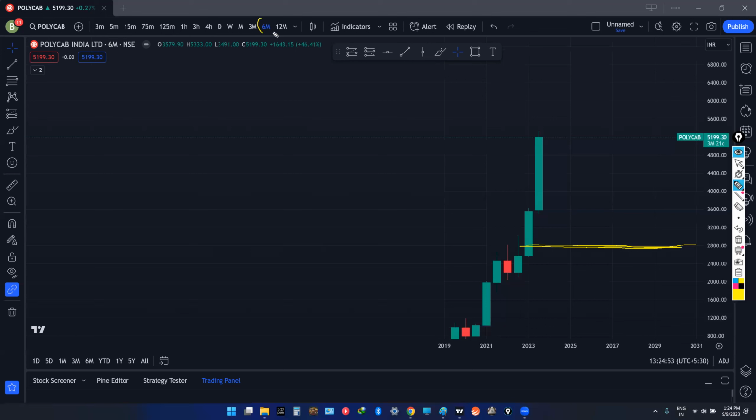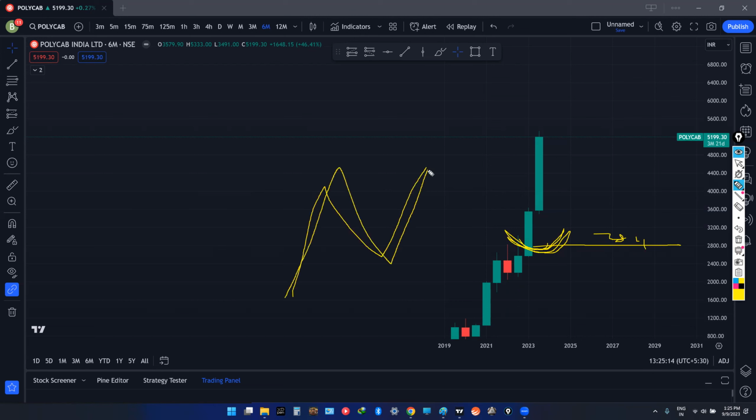No, see, in half yearly, if I go, where is this pattern? I can see this is the pattern. So stop loss is not here. Ideally, logically, your stop loss would have been here somewhere in half yearly, because 2811 here, I cannot see any swing or anything. This pattern.